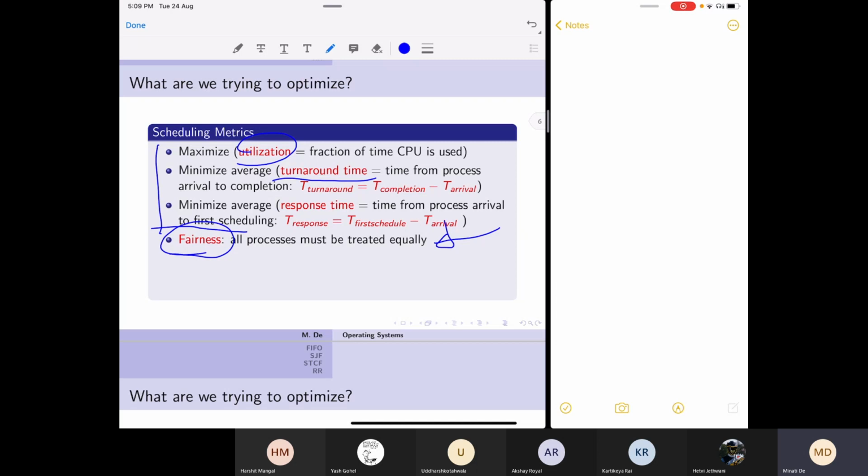There you can't think about fairness, because human beings are very prone to bias. Since we have a system, we are going to build some policy, and with respect to the policy, all processes must be treated equally. There should not be any bias.